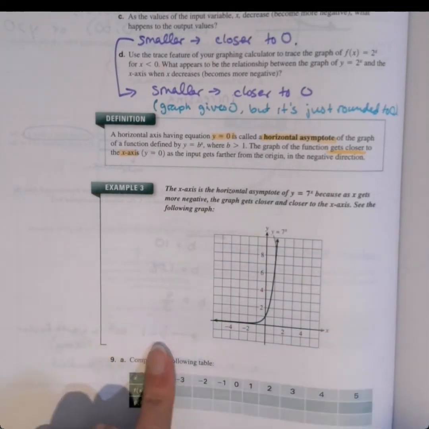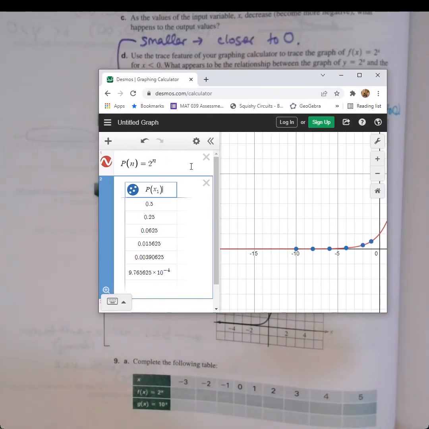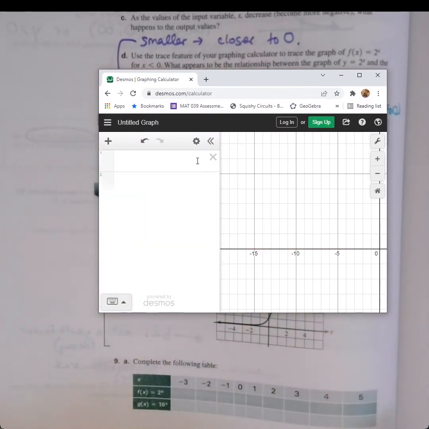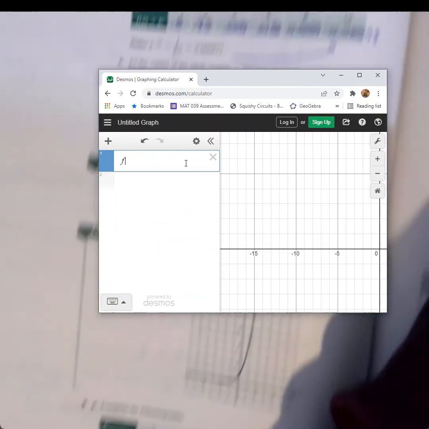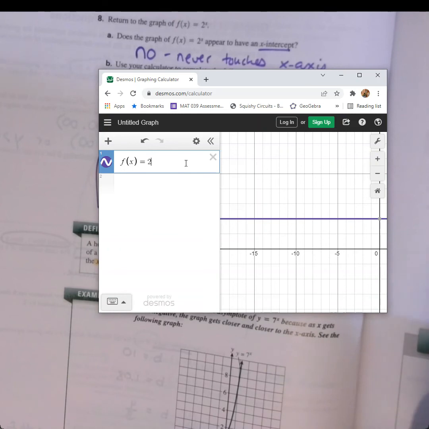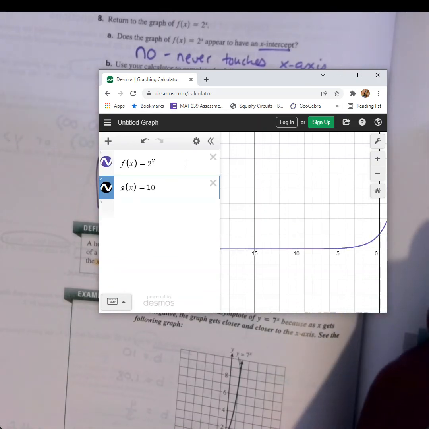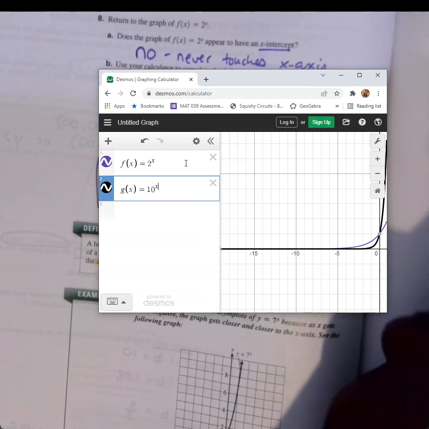Okay, so we want to make a table for a couple different inputs. Let me get rid of these two here. And a couple different functions. Let me first type my two functions. f of x equals 2 to the x again, I believe. And g of x equals 10 to the x.